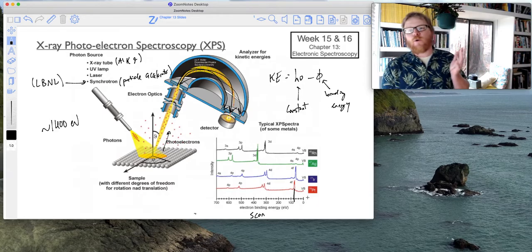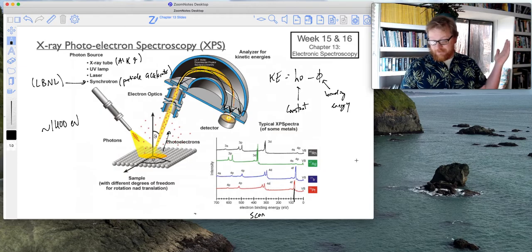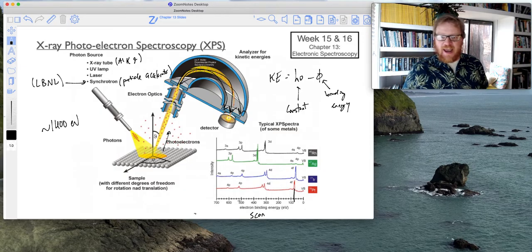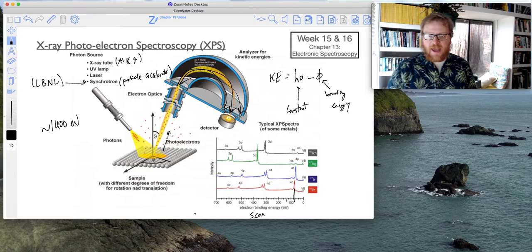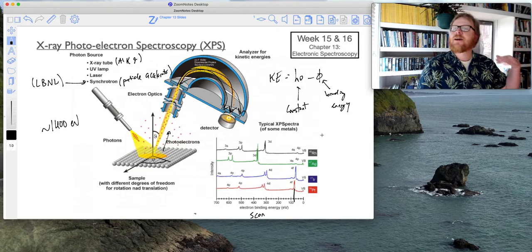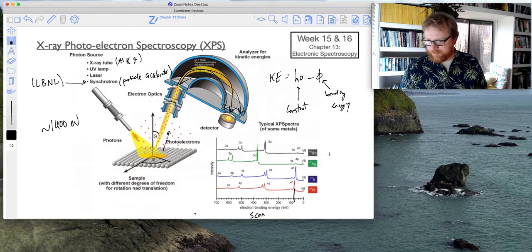And it makes sense that 4F has the smallest binding energy because it's the furthest away from the nucleus, right? And as we scan across the kinetic energies, we can see here now the appearance of 4D electrons, 4p electrons, right? And you can see those get to higher energies because we're getting deeper down into the core of the atom. All right?